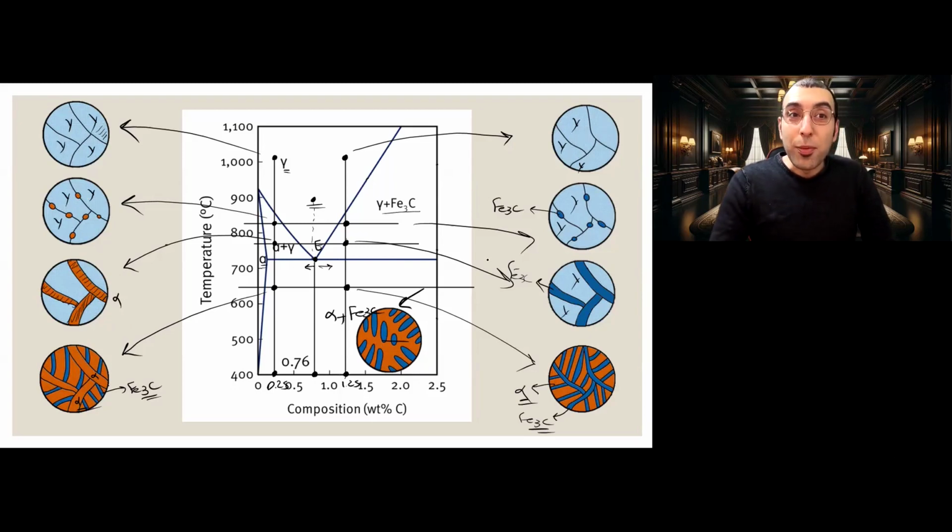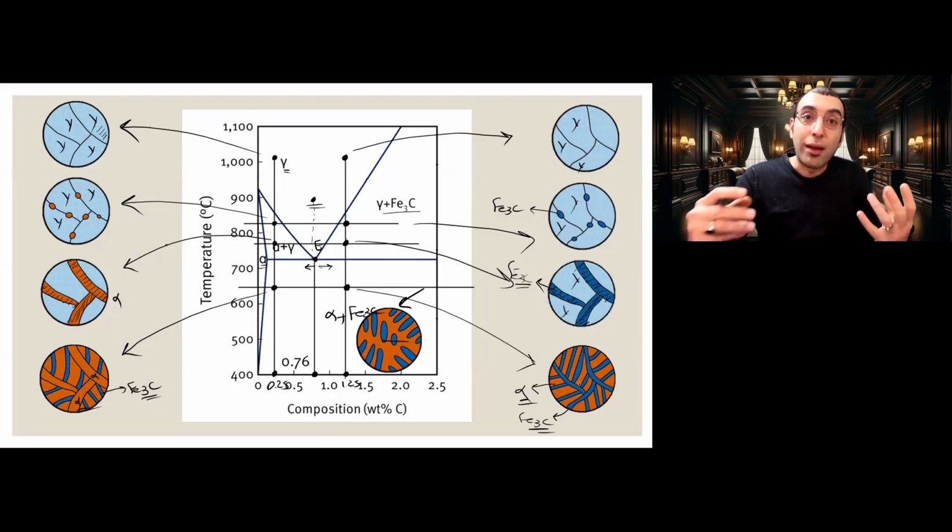For a hypereutectoid alloy, now this is the continuous phase. See that? The continuous phase is cementite. It's a different material. What you get for a hypoeutectoid alloy is an alloy that has alpha ferrite, the orange, as its continuous phase. And on the right side, you get an alloy that has cementite, the dark blue, as its continuous phase.